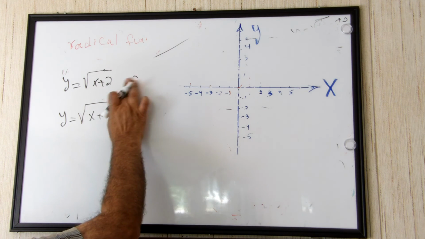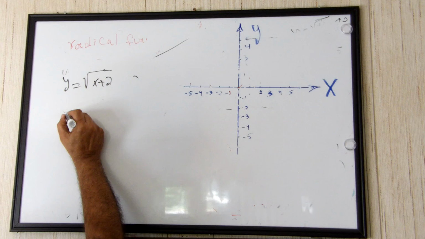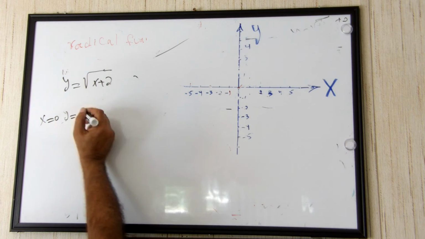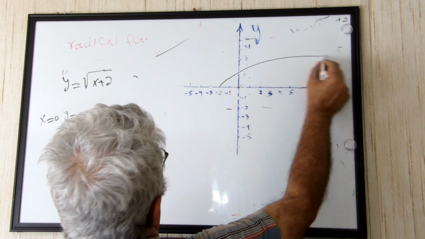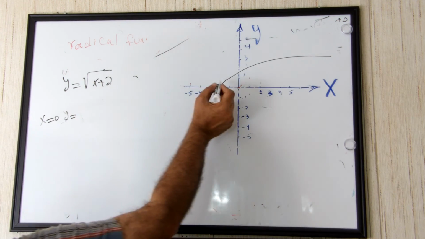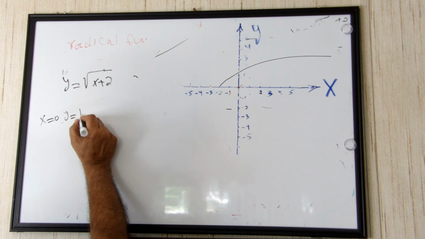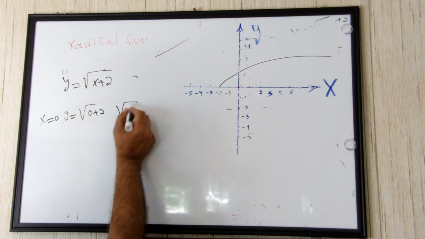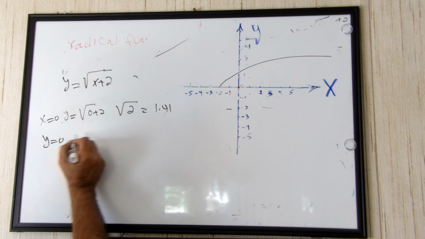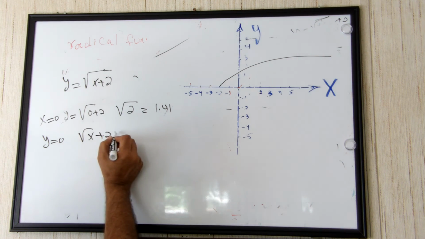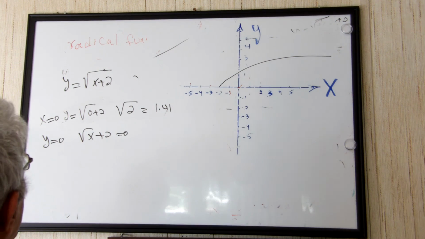For example, like this one, if x is equal to 0, y is the square root of 0 plus 2, the square root of 2, which is 1.41 something. And if y is equal to 0, the square root of x plus 2 is equal to 0.